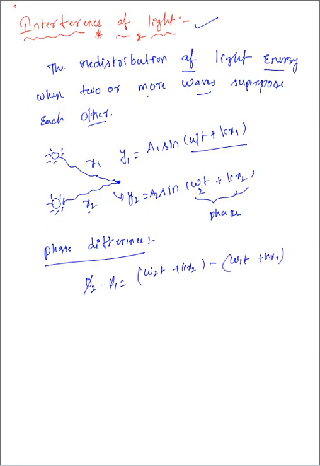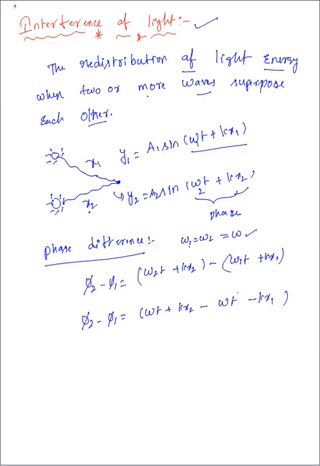Now we open the brackets: phi 2 minus phi 1 equals... We take one assumption here: omega 1 should be equal to omega 2, the same angular frequency, which we call omega. So omega t plus kx2, and sending the minus inside, minus omega t minus kx1.